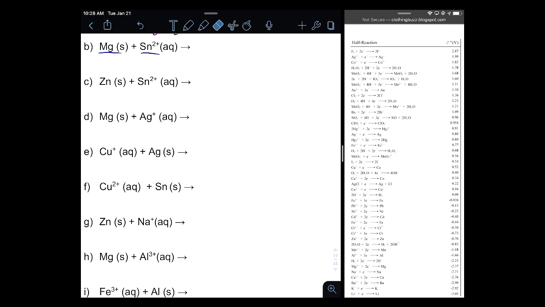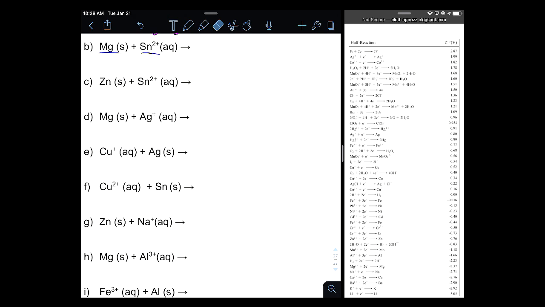And later in this unit, we talked about the potential of the half reaction for different elements, typically the reduction potential.